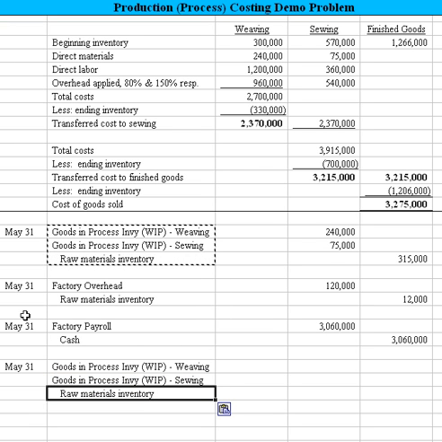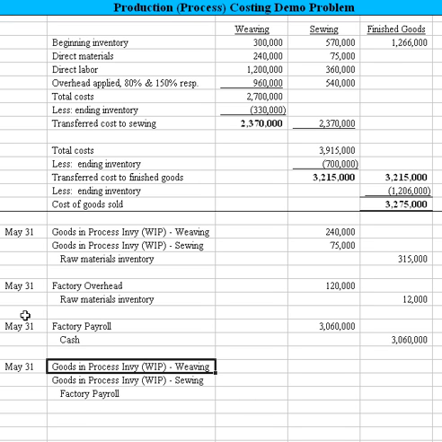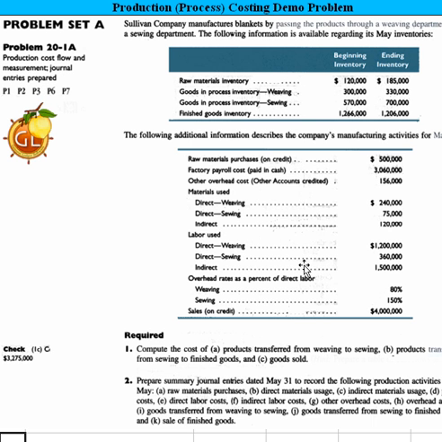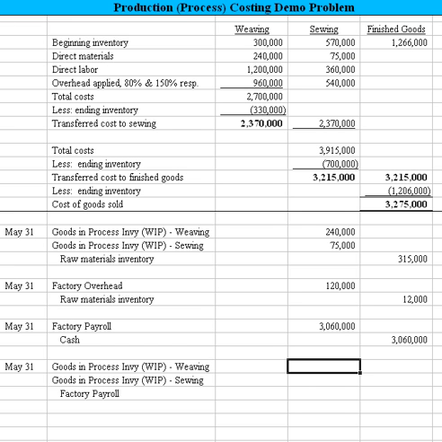And instead of raw materials, dealing with used direct labor, the credit is going to be the factory payroll account, which was, if you will, the holding account for payroll. And then let's see what the dollar amounts are. There it is, $1,002,000 and $360 for the weaving and sewing department.